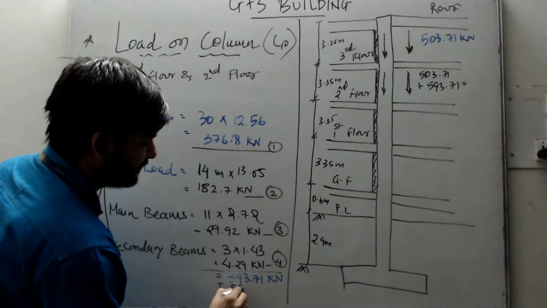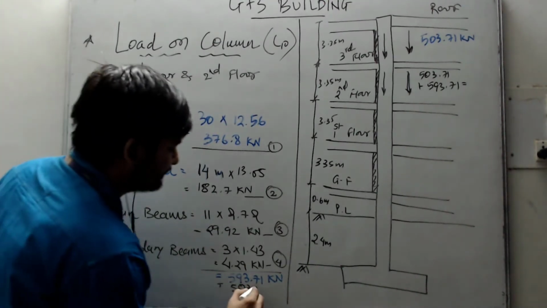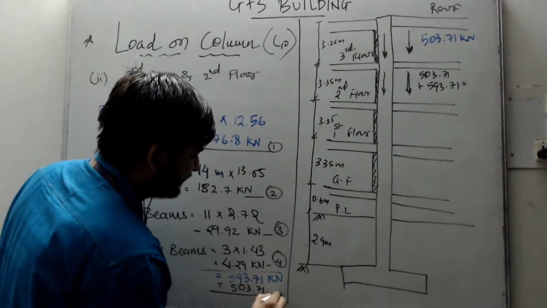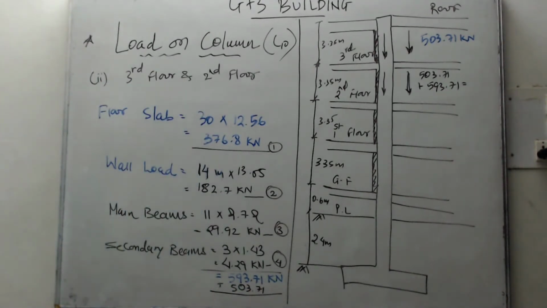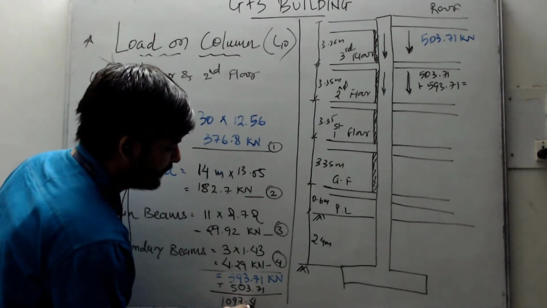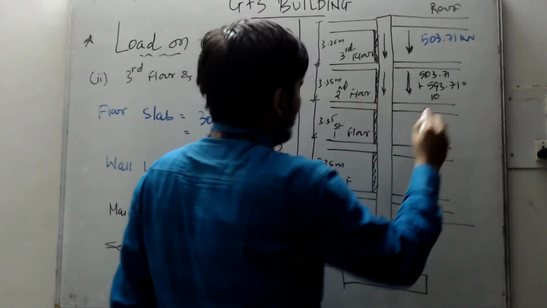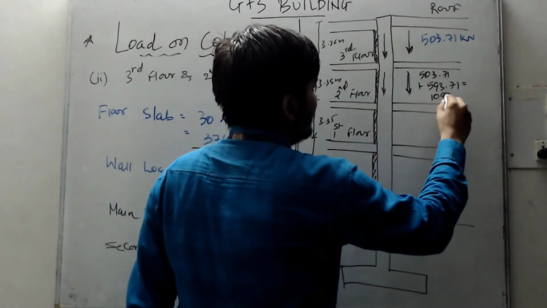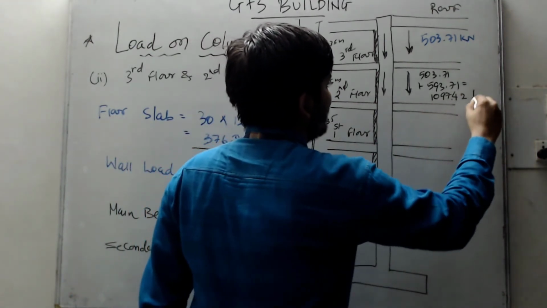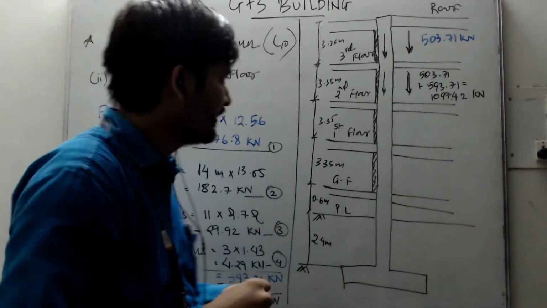So if I make the summation of this, I'll get the load at third and second floor, which is 1097.42 kilonewton. So I am getting my total load here as 1097.42 kilonewton. Right? I hope all of you are understanding the logic here.